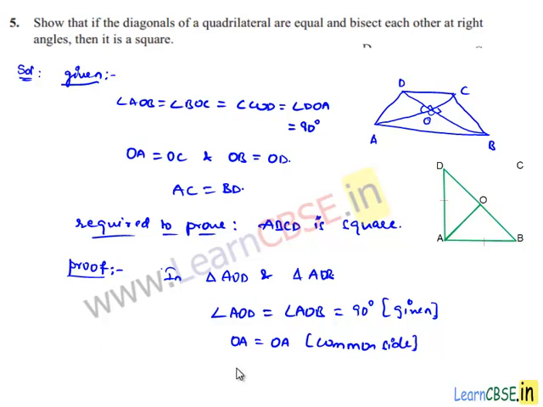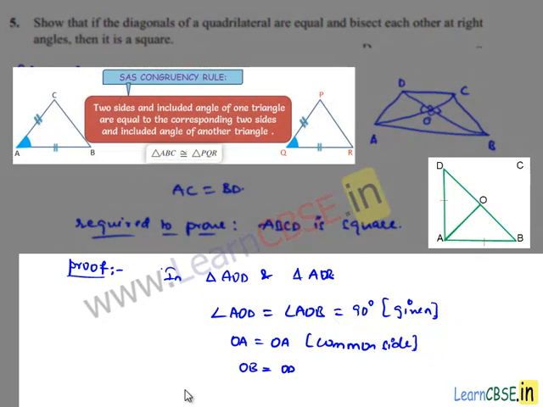Side OB will be equal to OD, since AC bisects BD at O. So we can say here two corresponding sides and an angle are equal in both the triangles. Therefore, by the SAS property of congruency, triangle AOD is congruent to triangle AOB.